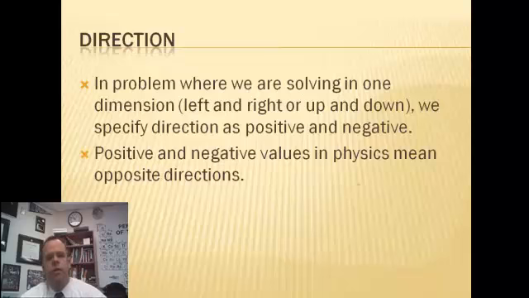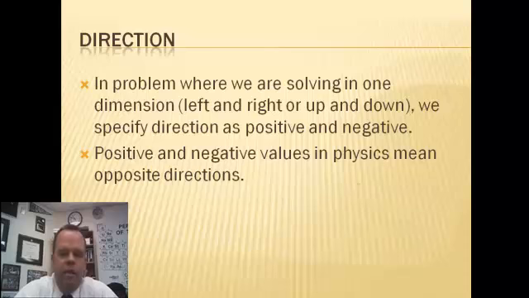One of the things that you're going to see in physics that's a little different from math classes is that we have to specify direction. Anytime we're solving a problem that's in one dimension, we are generally going to specify direction as positive and negative. So if we have things moving left and right, we'll make one direction positive, the opposite direction negative.